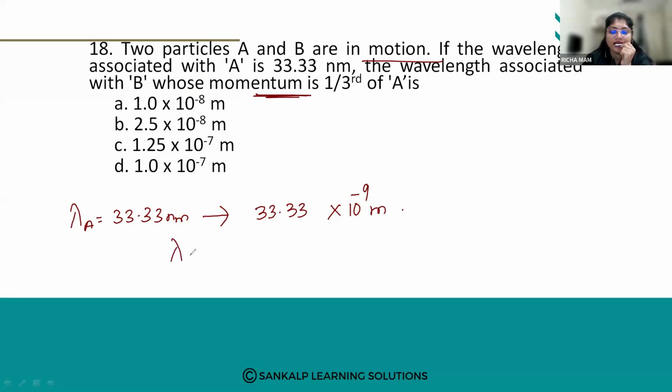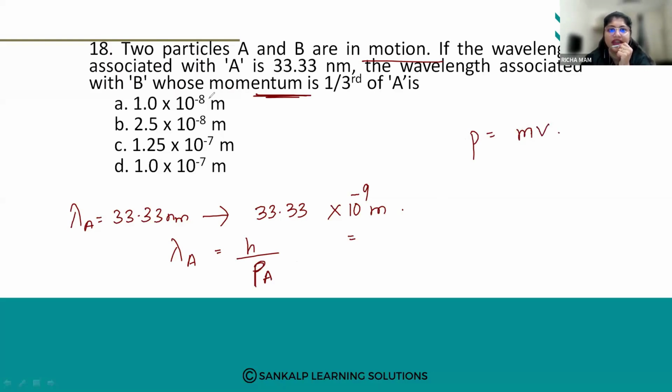Now we know that lambda is equal to h divided by momentum. What is momentum? Momentum is equal to m into v.